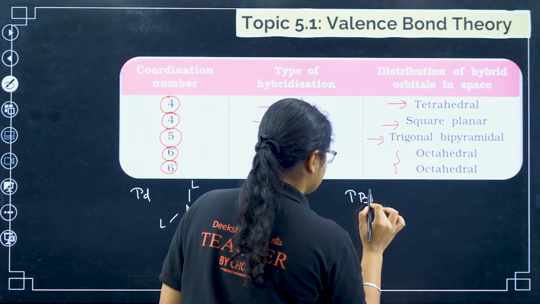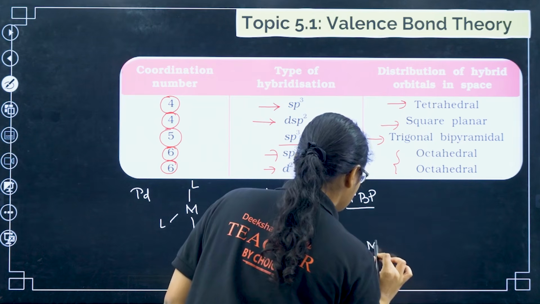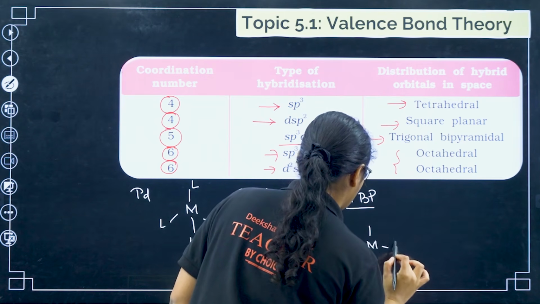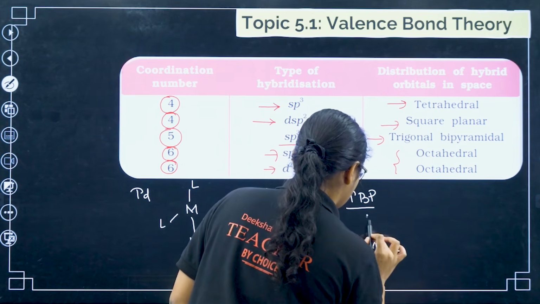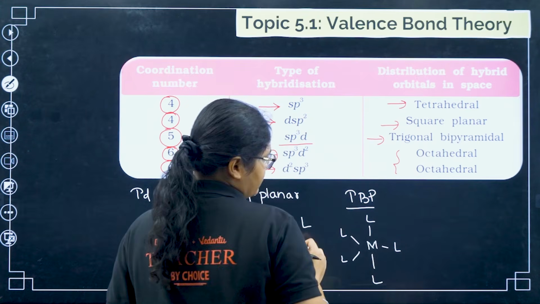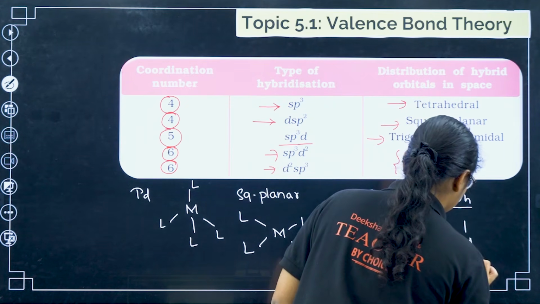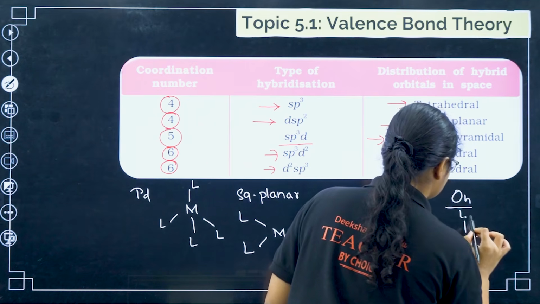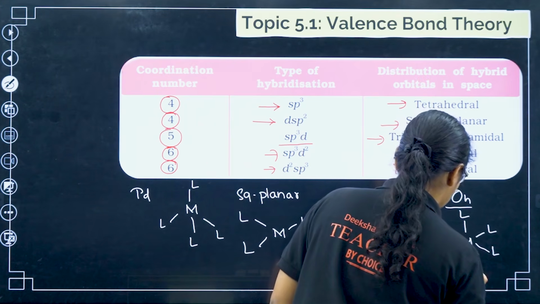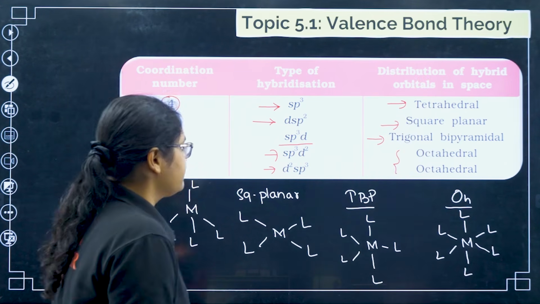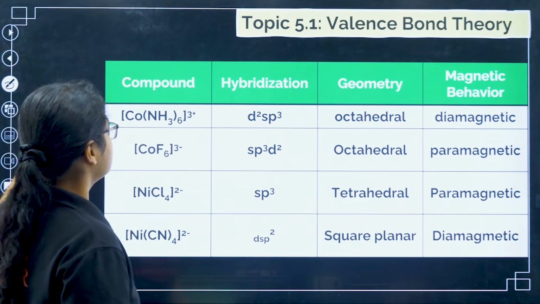I am writing TBP, trigonal bipyramidal. So you have metal like this and you have ligands like this. Octahedral we have already done so many times. So metal with octahedral will have 6 ligands like this. Clear? So now coming to the next one.